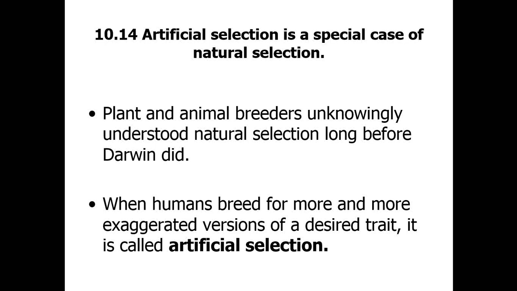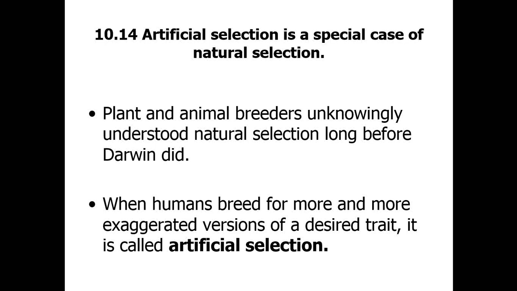They all were kind of wolf-looking creatures, and we've bred them down so hard that now we have apple-headed chihuahuas, which you guys have probably all seen before because they're adorable, to German shepherds, and Alaskan Malamutes and Great Danes, and all different kinds of dogs, hundreds and hundreds of different breeds of dogs. So artificial selection is when we as humans are acting as the selective pressure, because we are selectively breeding organisms together that are going to give us exaggerated versions of a desired trait.